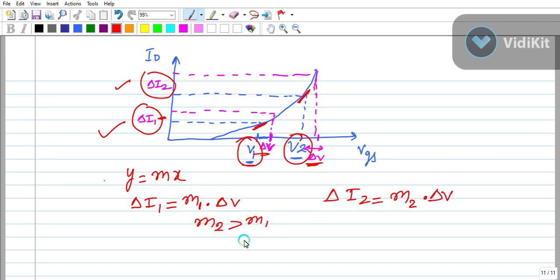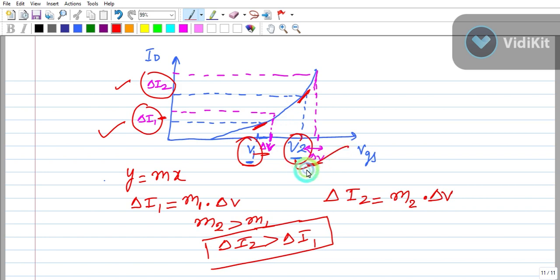Means delta I2 is greater than delta I1. Okay, so this biasing is good.